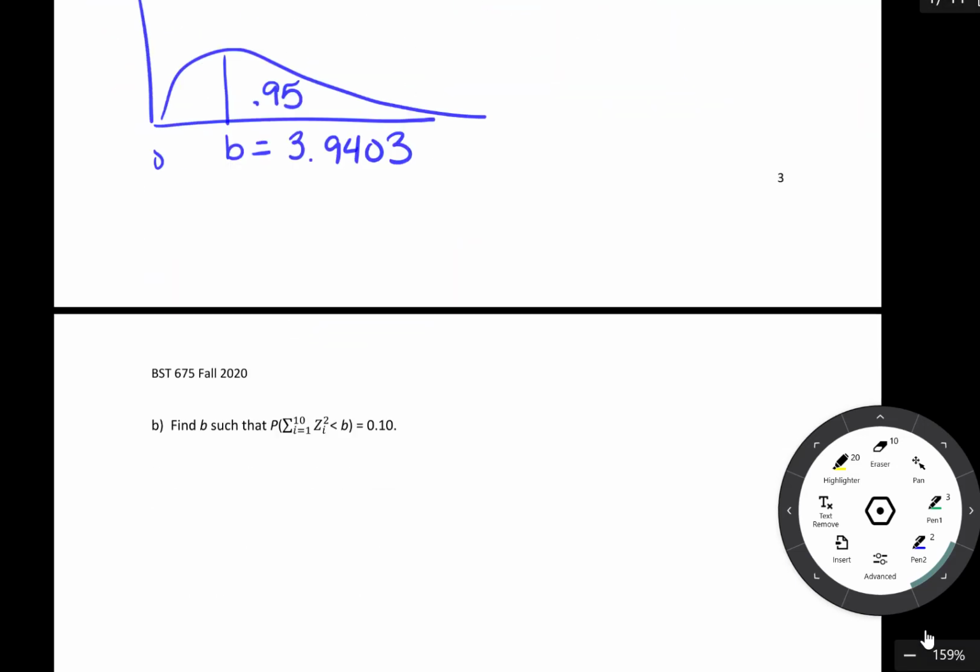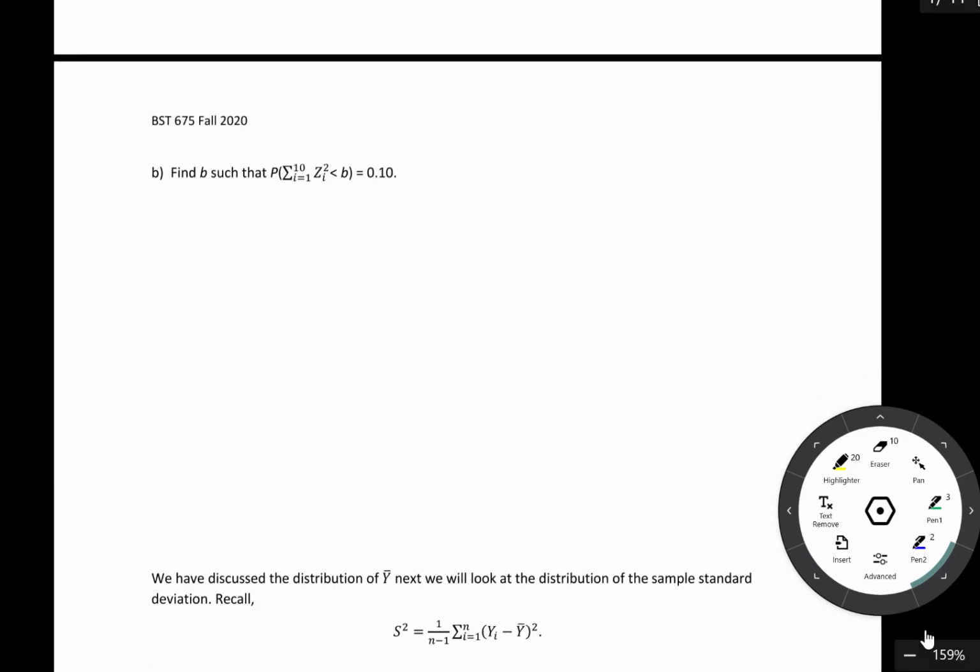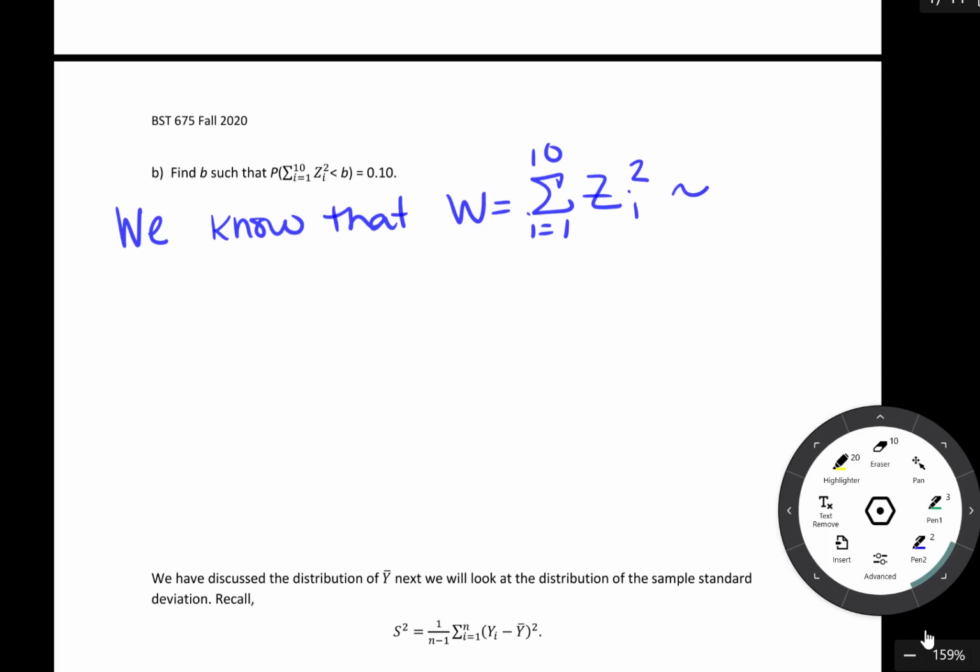All right. Next, find the b such that the probability of the sum from i equals 1 to 10 of zi squared being less than b is equal to 0.1. Just like before, if we let w be equal to that sum from i equals 1 to 10 of those zi squareds, this is distributed chi-squared with 10 degrees of freedom.